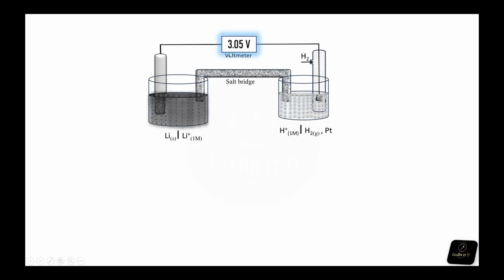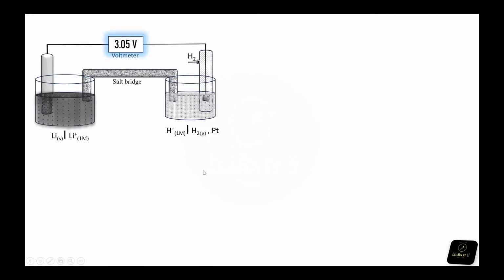Remember, this 3.05 volt and 0.76 volt are potentials, because these two generate electrons and give the electrons to the hydrogen electrode. The cell representation is the same as for zinc: lithium, which is solid, in contact with lithium cation at a concentration of 1 molar, connected to a salt bridge, which is connected to hydrogen ion or acid at a concentration of 1 molar, which is connected to hydrogen gas, which is connected to a platinum wire. Here lithium acts as an anode, connected to the cathode through the salt bridge.